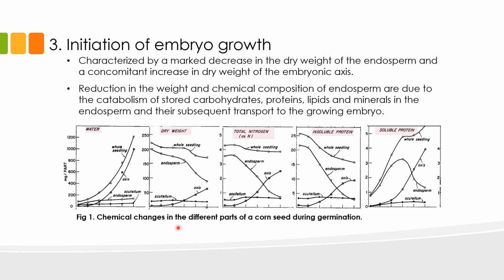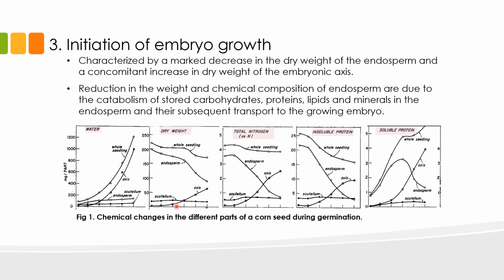Let's take a look at the second panel here that shows the changes in the dry weight of the different parts of a corn seed during initiation of embryo growth. Focus your attention on the changes in the dry weight of the endosperm, which is this line here, as well as of the embryonic axis, which is this line here. The x-axis in this graph indicates time, while the y-axis indicates weight or composition expressed in milligrams per part.